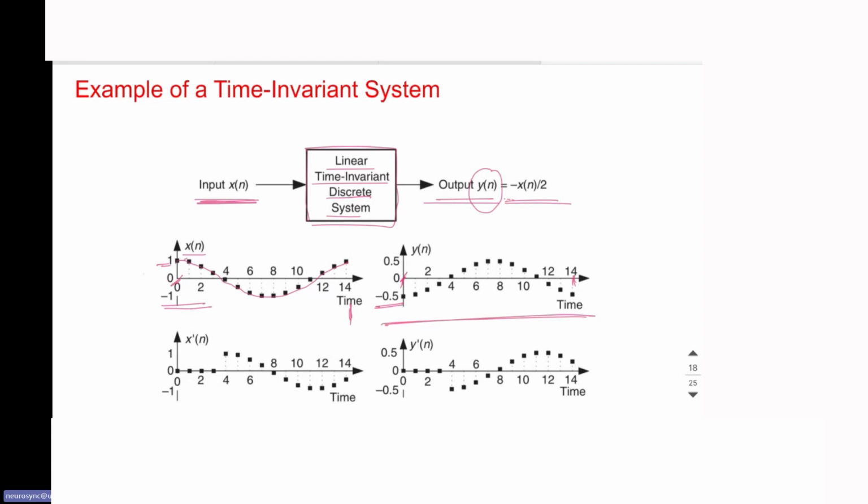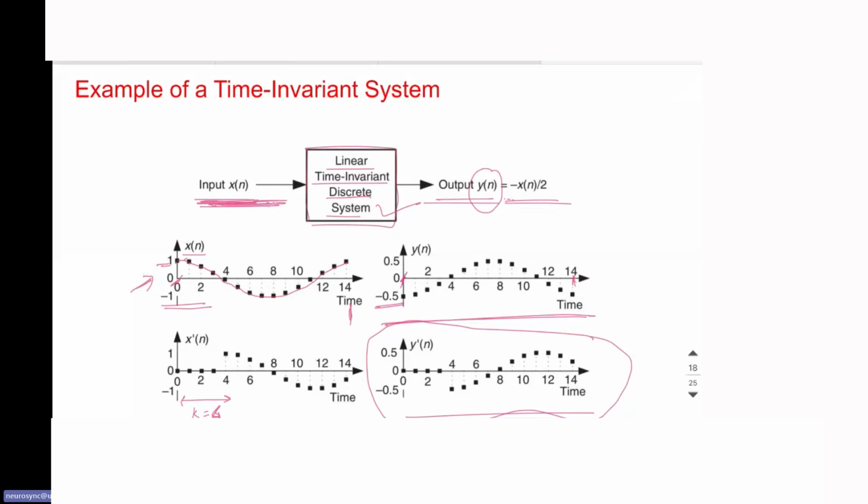Now, if I put some sample delay in the input signal like this, we are having k equal to 4 here, a delay of 4 samples. This signal is input to this system, and we get the output like this. Now how to plot this y dash of n?